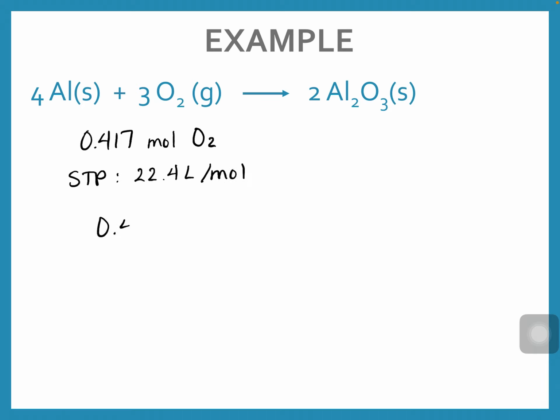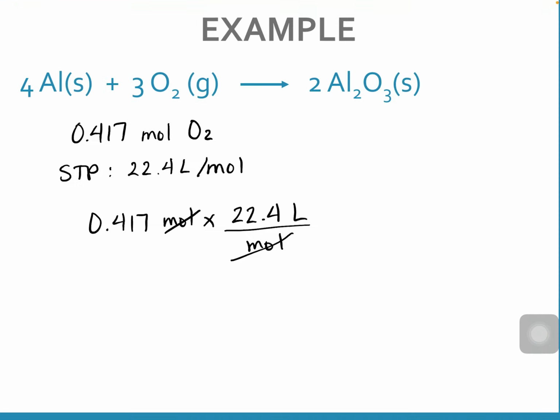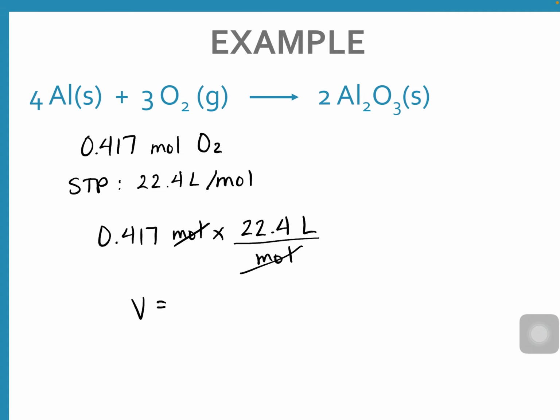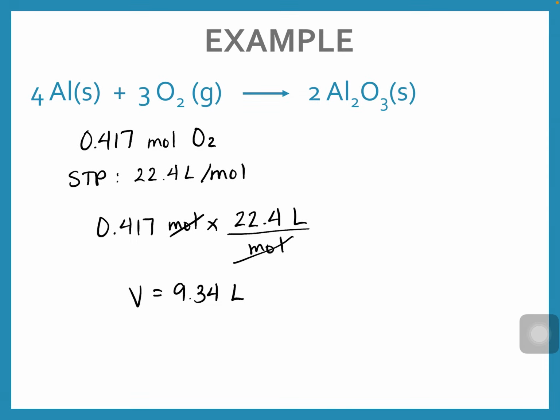So I have 0.417 moles of oxygen, and then my relationship 22.4 liters for every mole. That's going to cancel, and my volume is 9.34 liters. So 15 grams of aluminum would react with 9.34 liters of oxygen at STP.